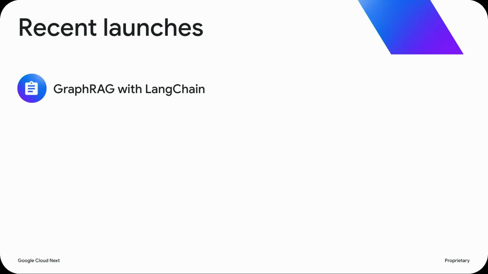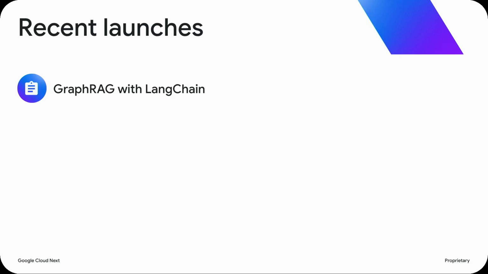Essentially, you see the limitations of RAG, because RAG is based on text chunks, so it doesn't have all the rich information in the chunks. You have to use vector search to find the relevant chunks, but you cannot follow the relationships. For that reason, we launched Spanner Graph integration with LangChain.